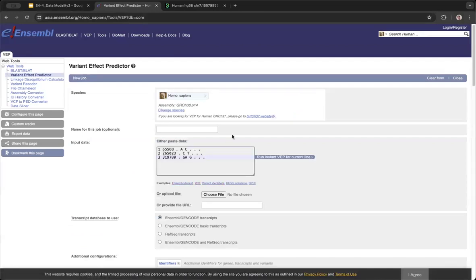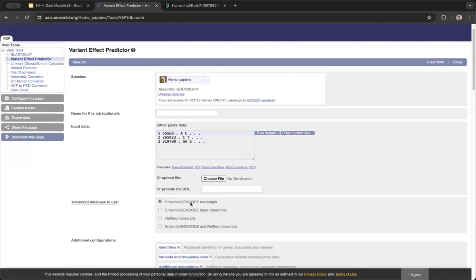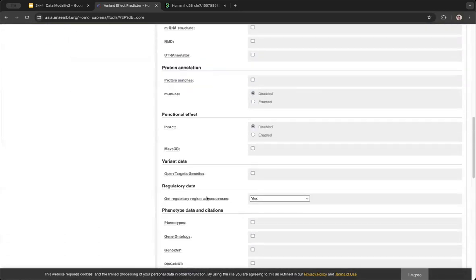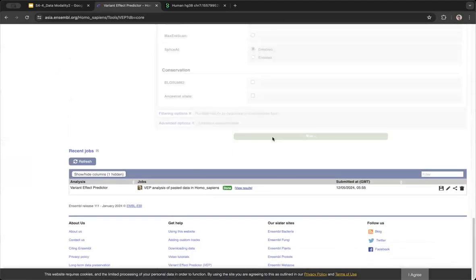Since this only needs the variant information, you don't need the genotype information, because the variant is the same for everyone, and genotype is just whether you have 1 allele or 2 alleles, whatever, right? The variant information is 165,568. If you know that information, you can set up those parameters and just press go, or run.